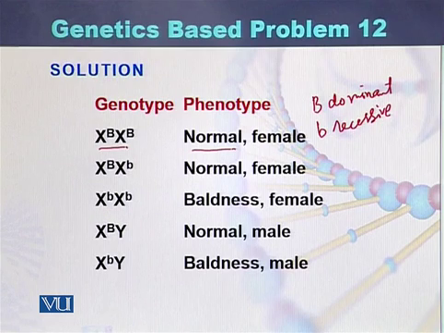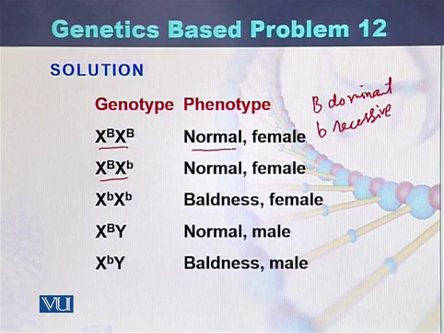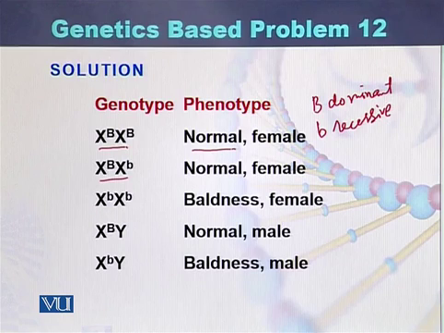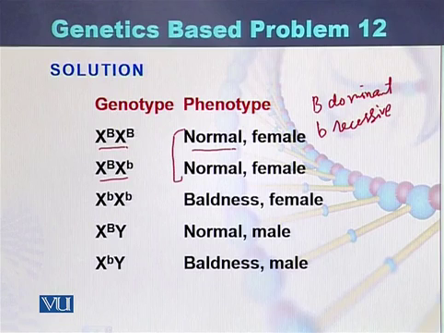So a female can have both dominant alleles, or she can have one dominant allele and one recessive allele, one on each X chromosome. In both cases, the female would be normal.